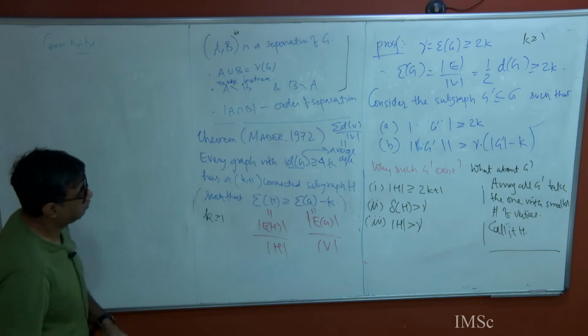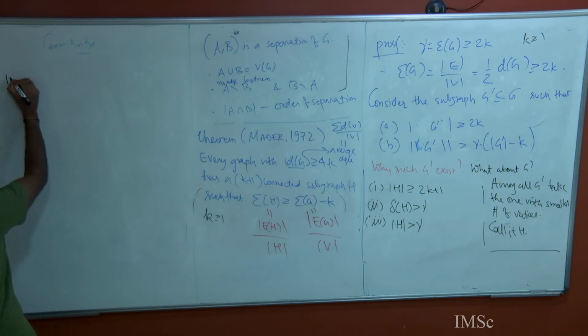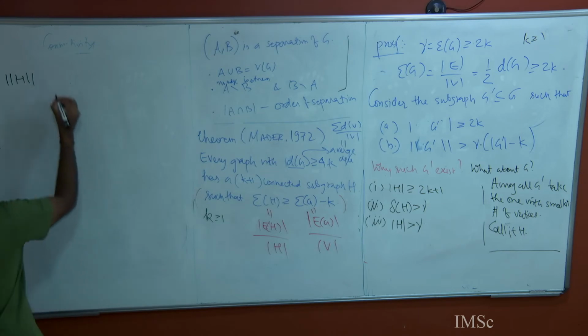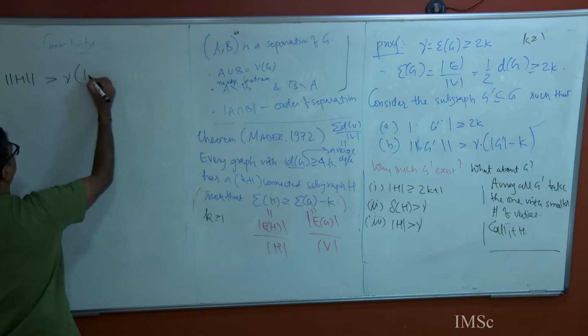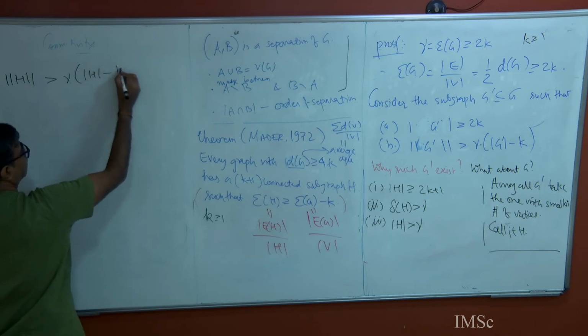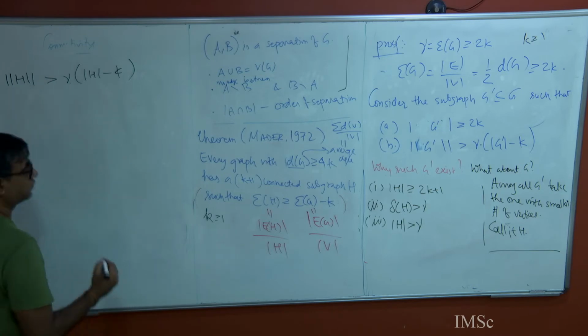Okay. So now what inequality our H satisfies? Our H satisfies the number of edges in H is at least gamma times something, right? This is the property which is satisfied. Let's divide by the cardinality of H on both sides.